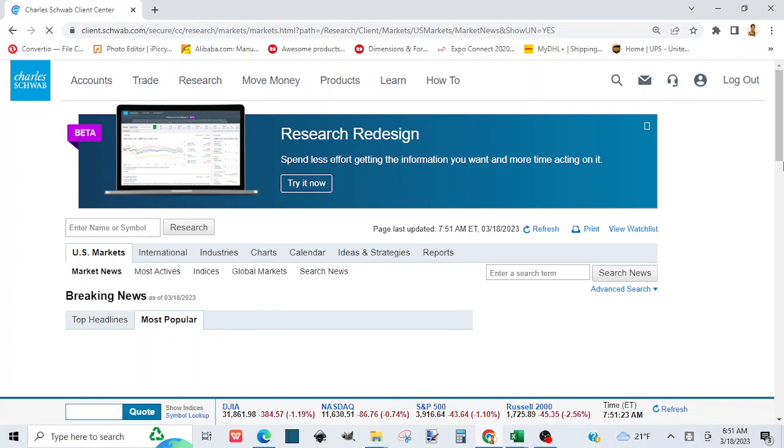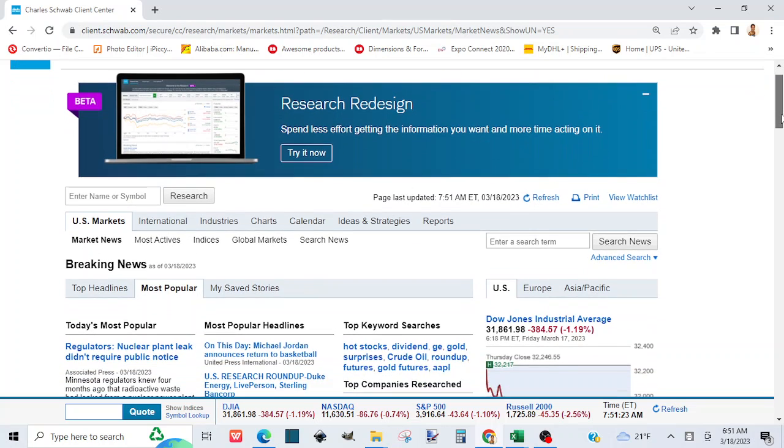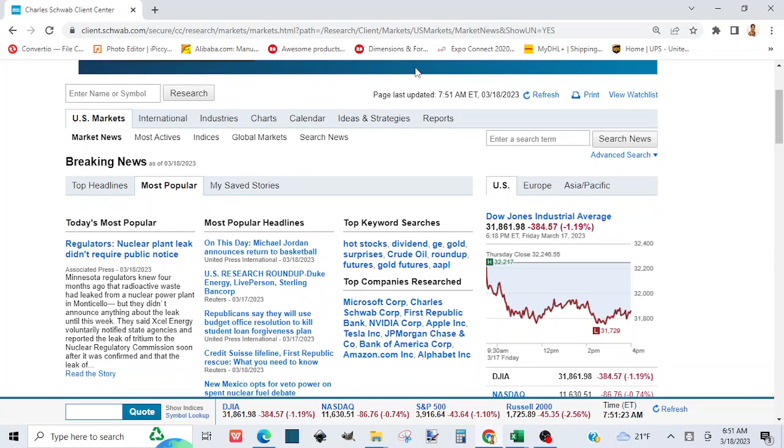And the classic view is a layout that allows me to find the sector, the company sectors, the industries, and the sub-industries. So under research, US market, and classic view, we can now look for industries.